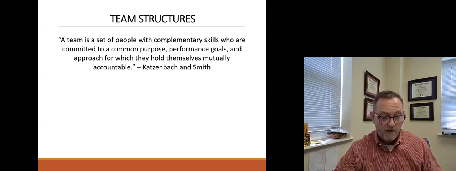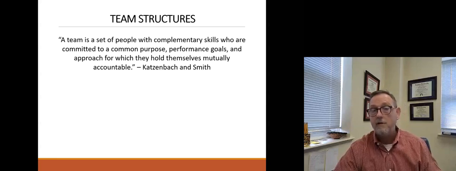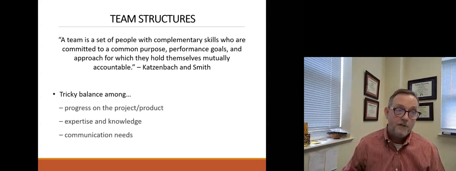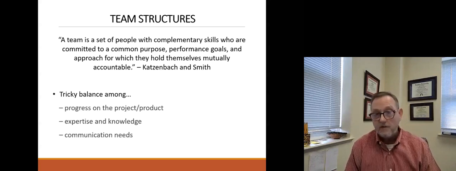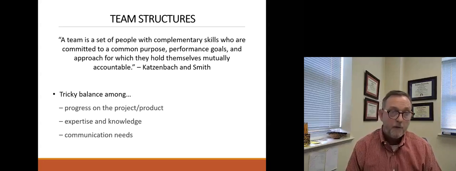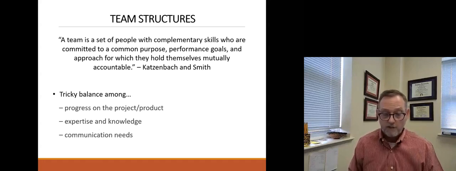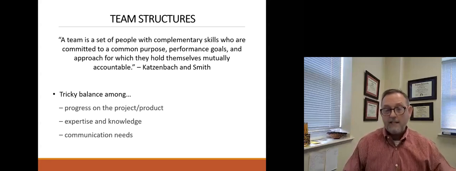Now, you don't have to mull this over for long periods of time, but if you want to have a successful group, this is how you lay out your plan to be able to do it. So this is certainly tricky, right? You're balancing all these things at once: progress towards the goal, projects towards what you want to accomplish at the end of this, where that expertise and knowledge is going to come from.